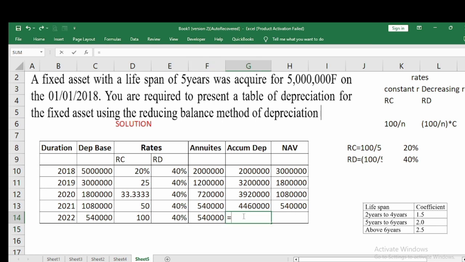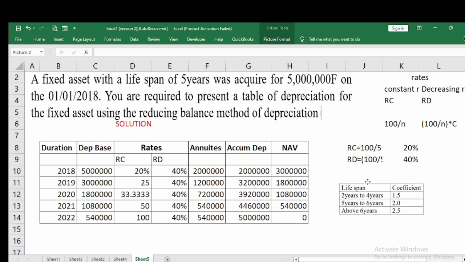So the accumulated depreciation now will be equal to this plus this. Awesome. Our 5 million. So our NAV here will be equal to this minus this. Awesome. See that finally the asset has completely depreciated.